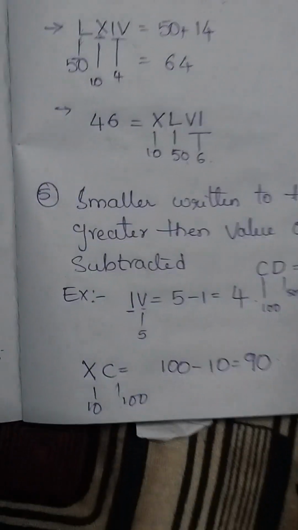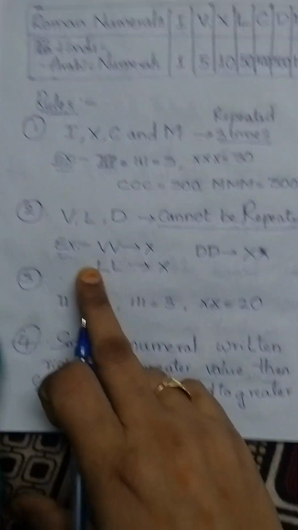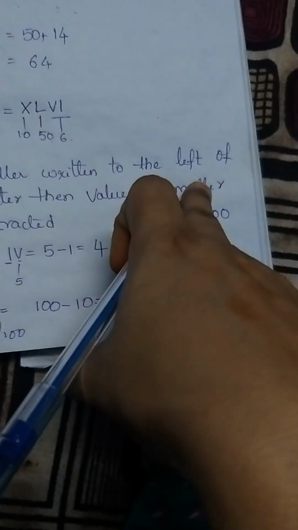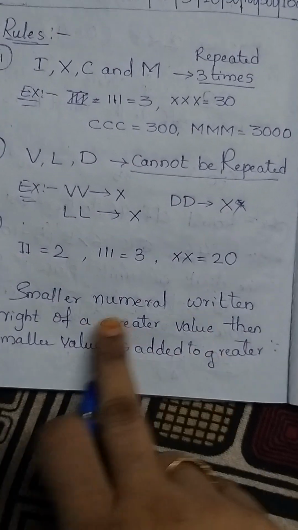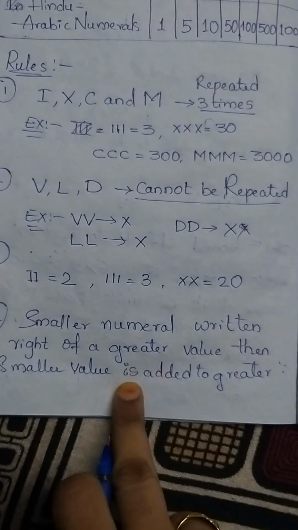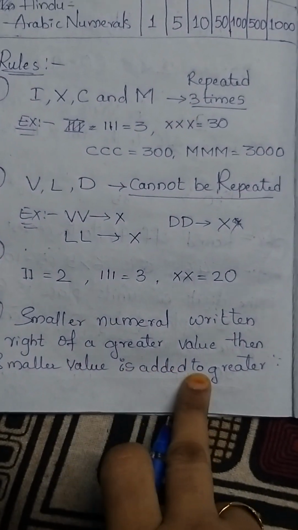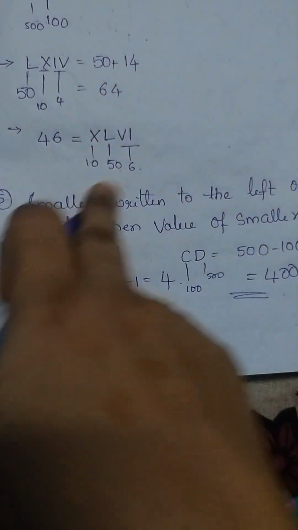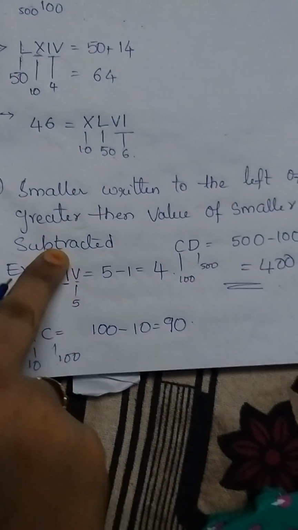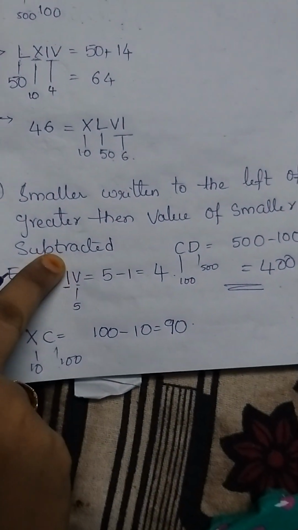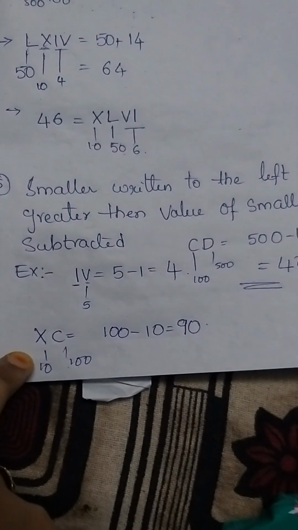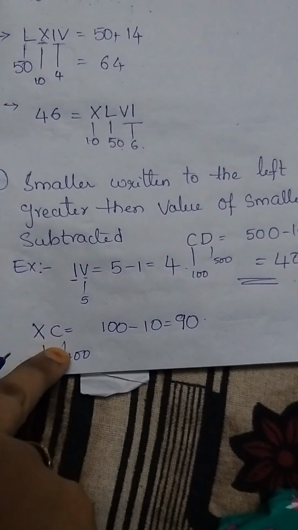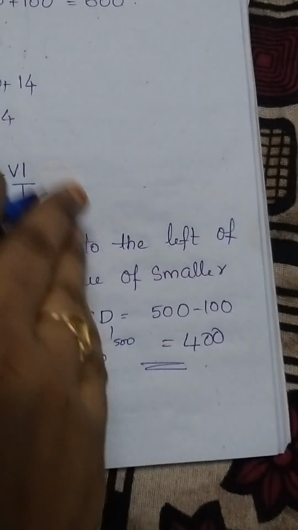These are some examples of the 5 rules, children. If the smaller is on the left, we have to subtract from the greater. If the smaller is on the right side of the greater, then we have to add the greater value and the smaller value. Here, 5 is on the right side, 1 is on the left side, 10 is on the left side, and C, 100, is on the right side. Bigger value on the right side, we subtract.